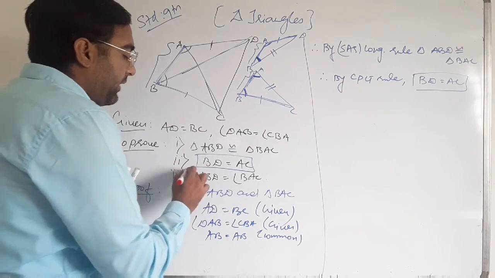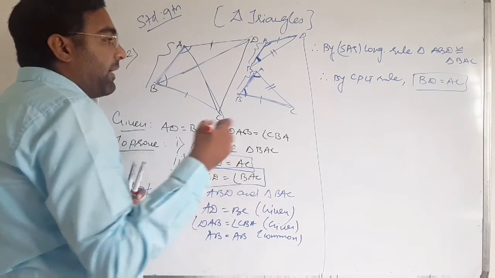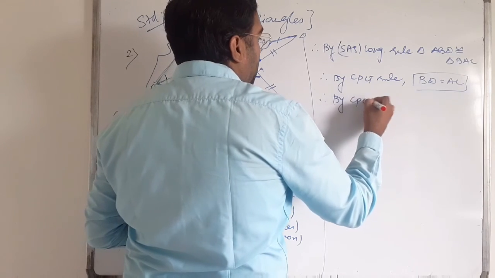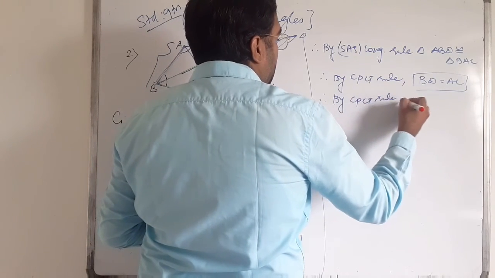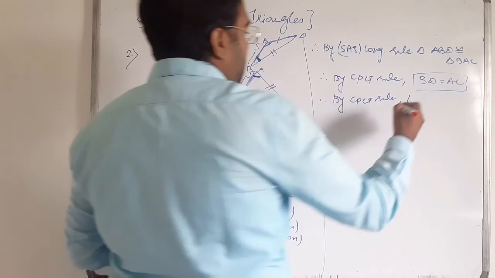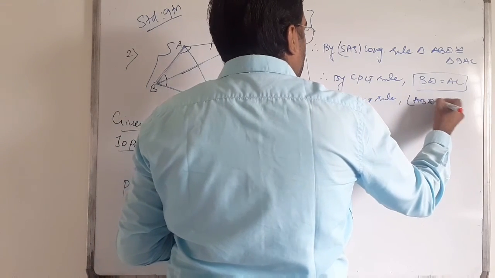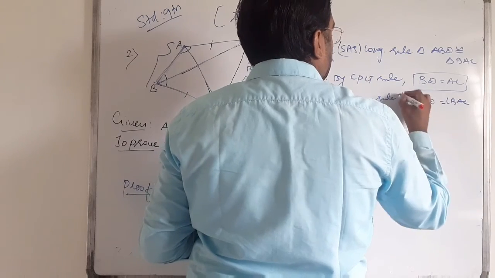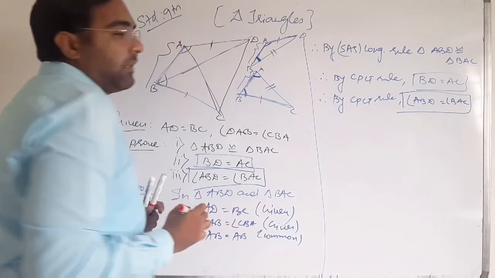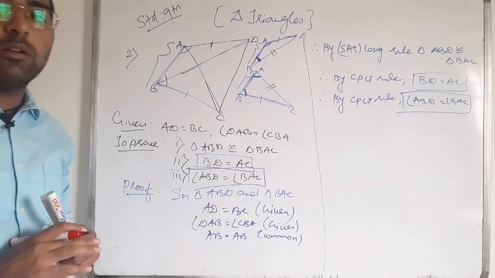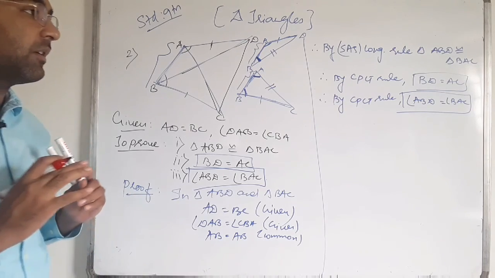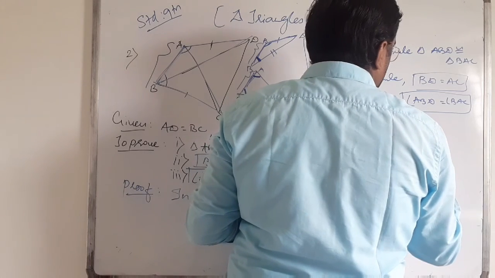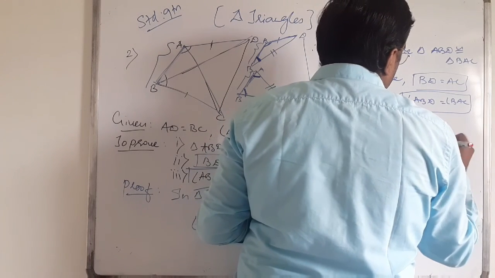So these two angles are also equal by the CPCT rule. Therefore, by the CPCT rule, angle ABD is equal to angle BAC. Clear? Here we can complete this sum, hence proved.